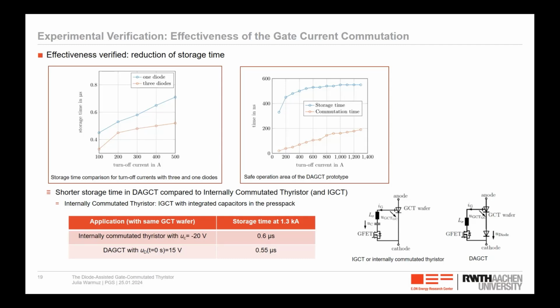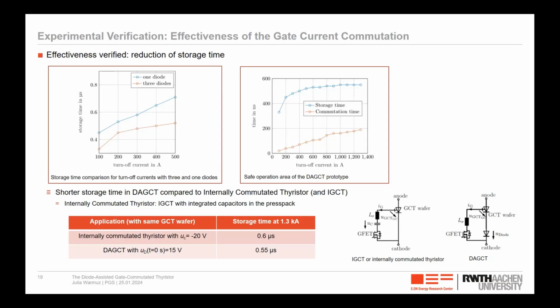So how could I compare this now to an IGCT? That was challenging, because I didn't have any measurements of the gate current commutation from an IGCT. But fortunately, we had a similar device developed here at our institute, the so-called internally commutated thyristor, which basically works like an IGCT.